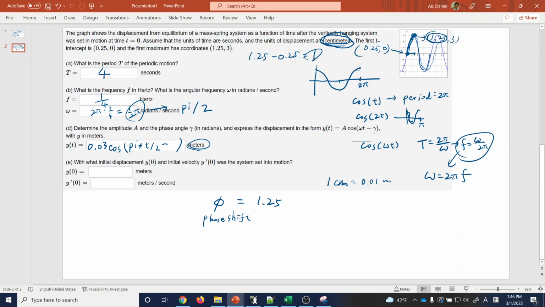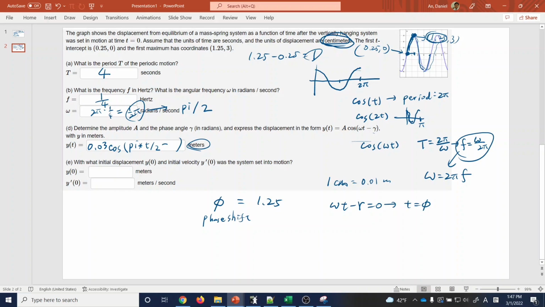But what's the relationship between phase shift and phase angle? I usually use alpha instead of gamma for the phase angle, but whatever. Setting the argument to 0 gives you t equals phi.